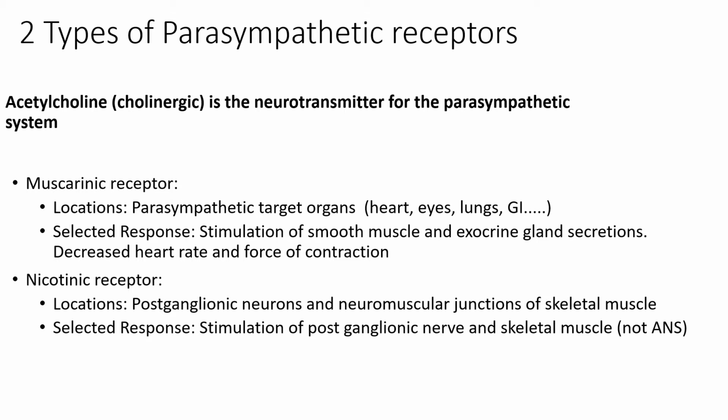Muscarinic receptors are the main receptors on all the different target organs that then get stimulated by acetylcholine and then have their action. Okay. Nicotinic receptors, we saw in the previous diagram, they're between the pre and the postganglionic nerve. They're at the synapse there.